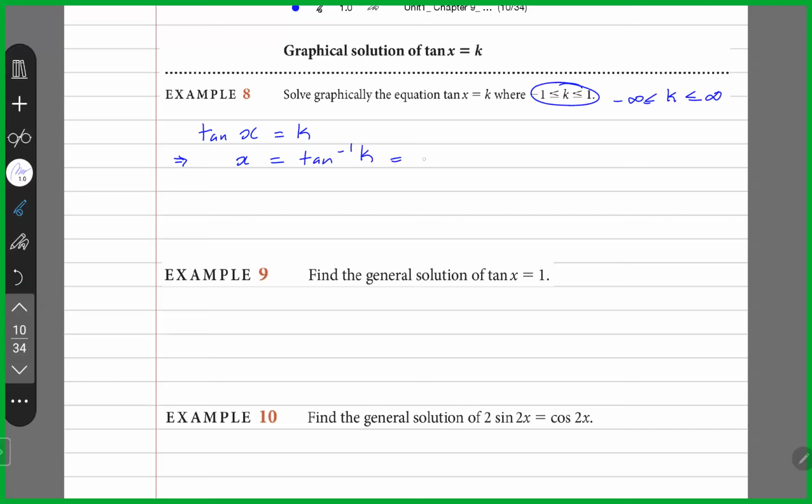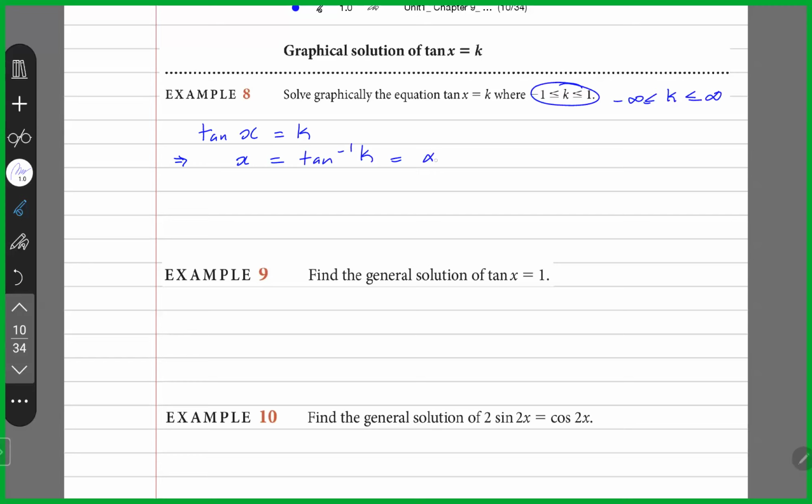Now let us say that the first answer, or the answer in the first quadrant, is alpha. I'm assuming that k is positive. All right, so let us assume that the answer in the first quadrant is alpha.